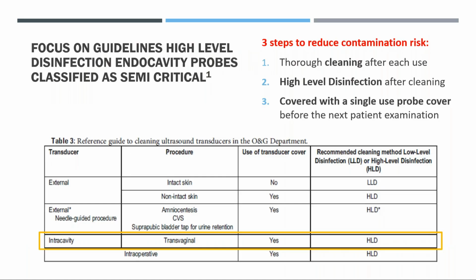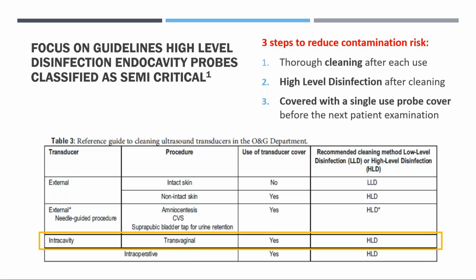Focus on guidelines on high-level disinfection: endocavity probes are classified as semi-critical, again, with 3 steps to reduce the contamination risk. Thorough cleaning after each use, particularly if you're using, of course, ultrasound gel, which must be carefully removed. Then, following appropriate and thorough cleaning, high-level disinfection.